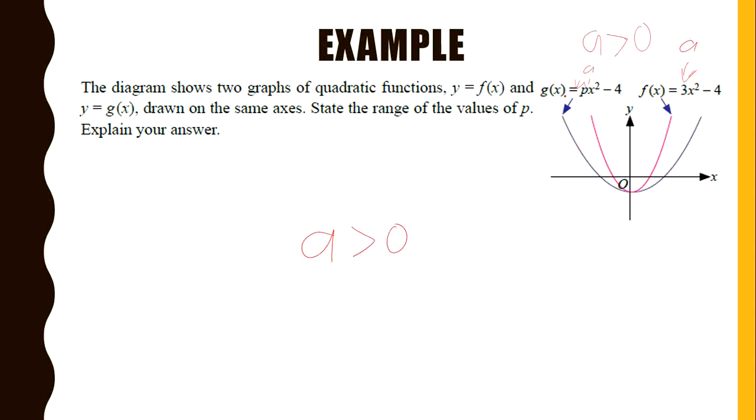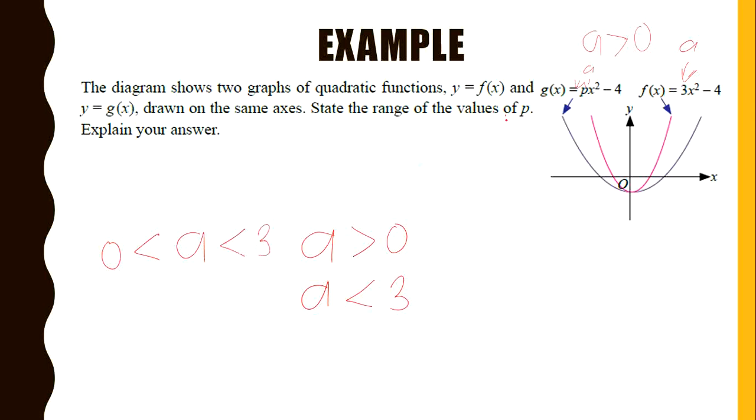And one more, okay, bila kita tengok g(x) ni adalah wider than f(x), jadi maksudnya the value of A ataupun P untuk g(x) ni must be smaller than f(x) punya A. Okay, so kita tengok f(x) punya A is 3, so A must be less than 3. So kita dah ada dah kita punya range of values. So the answer will be A greater than 0 and less than 3.